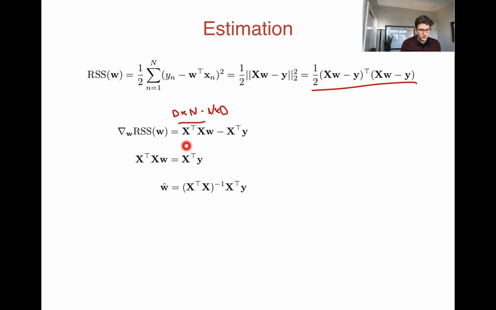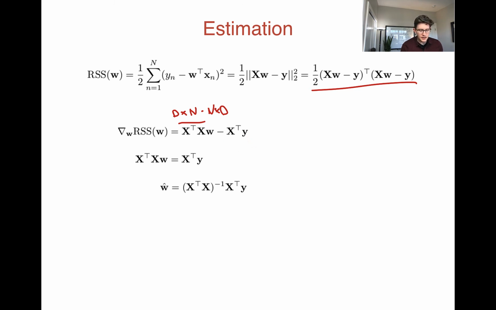Now, just to look at this a little more carefully, x transpose is going to be a d by n matrix. X itself is n by d, so we multiply that by w to get a d-dimension vector. This thing is also going to be d-dimensioned because y is n-dimensioned.